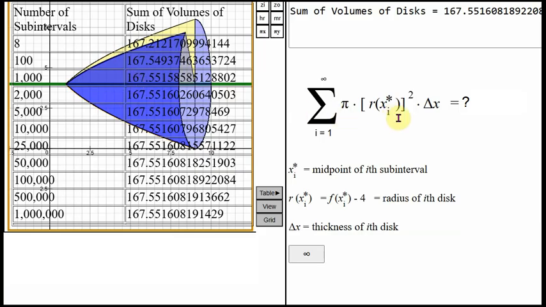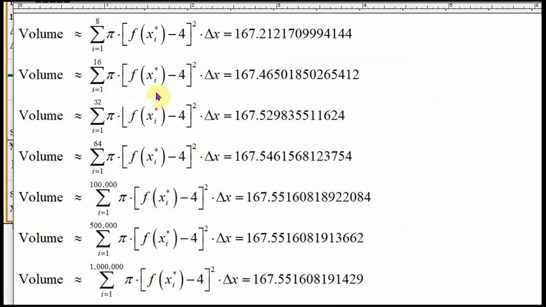And so now let's go find the exact volume. Once again, this is the summation notation that we use for the volumes of 8 cylinders. This is for 16 cylinders. This is for 32 cylinders, for 64 cylinders.